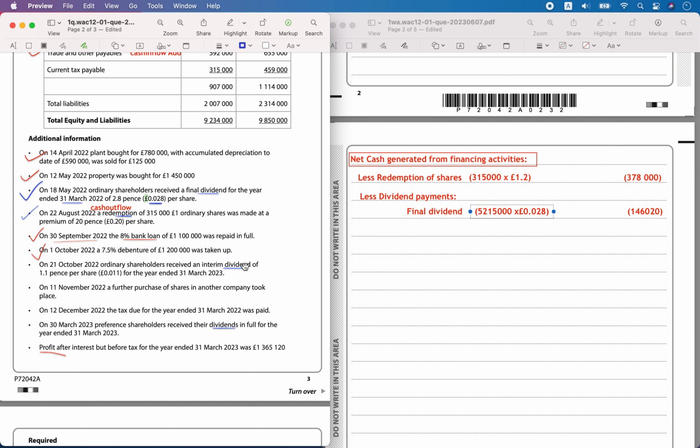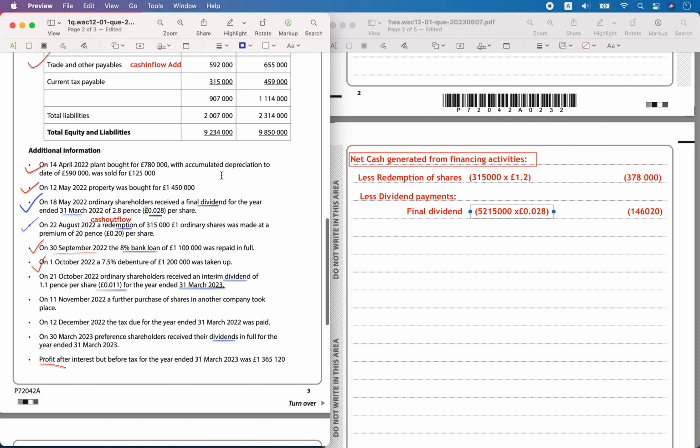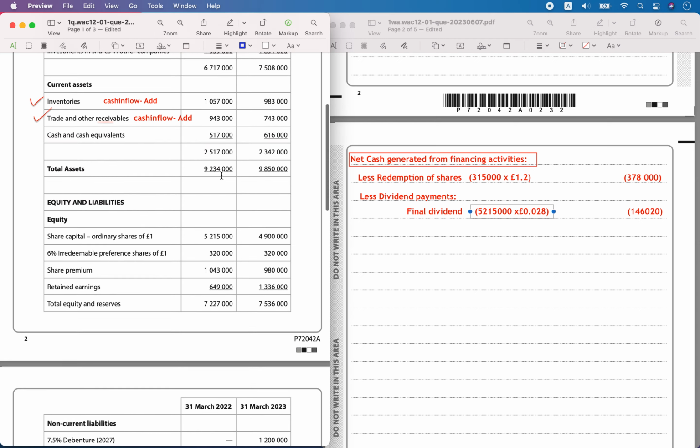Then another interim dividend was paid at the rate of 1.1 pence per share, or 0.011 pounds. This was a payment for the year ended 31st March 2023. So let's see how many shares there were. There were 4,900,000 shares.